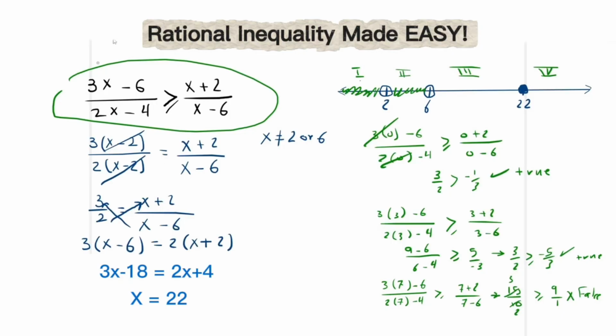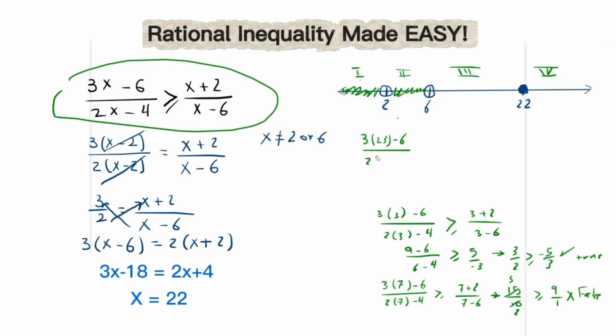Now, let's erase some of this and test in the last region, which is region 4, or line segment 4, between 22 and infinity. And we're going to use 23 for that one because that's as small as the numbers could get for that one. So it's going to be a little bit more messy than the other ones. So just plug in the 23 for the x, greater than or equal to 23 plus 2 over 23 minus 6. And we're definitely going to do this in our calculator.